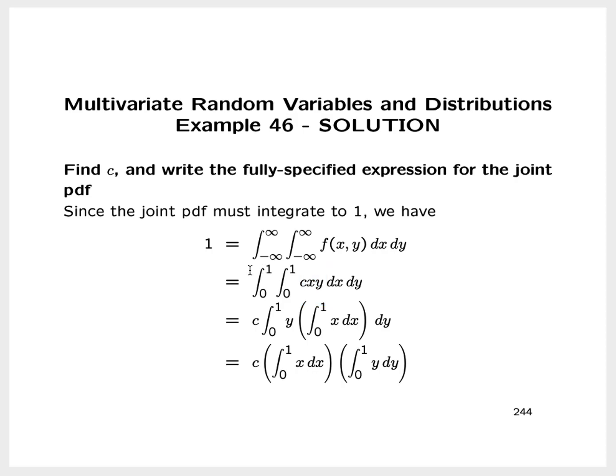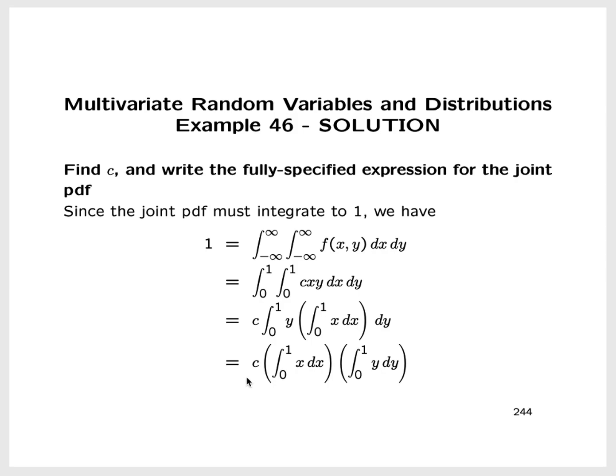Now, we can pull the constant c out, and we can also note that the integral from 0 to 1 of x dx does not depend on y, y being the variable of integration for the outer integral. So we can pull that entire integral outside of the outer integral.